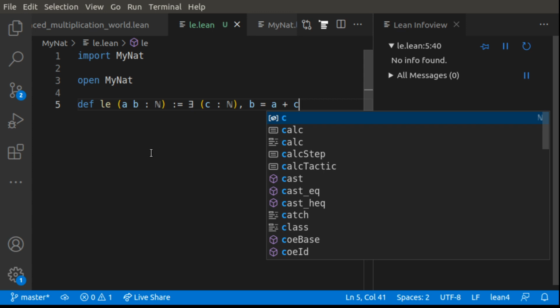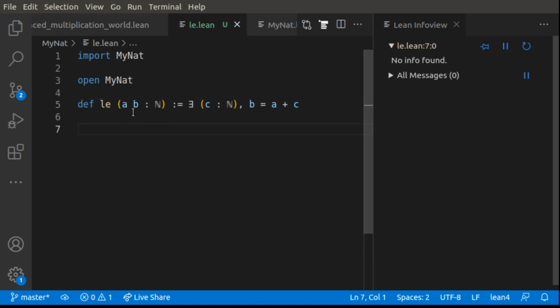So what is this saying? This is saying that if a is less than or equal to b, there exists a natural number c such that b can be written as a plus c.